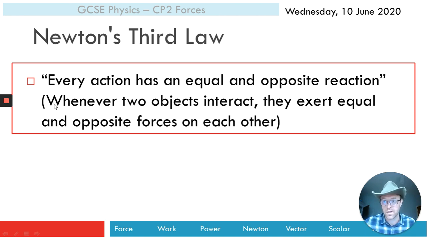So I'd like you to include this bit below. Whenever two objects interact, they exert equal and opposite forces on each other. So whenever two objects, and they can be touching, these can be contact forces, these can be non-contact forces, like gravity acting on a satellite, whenever I put a force onto something, it does exactly the equal and opposite force backwards.